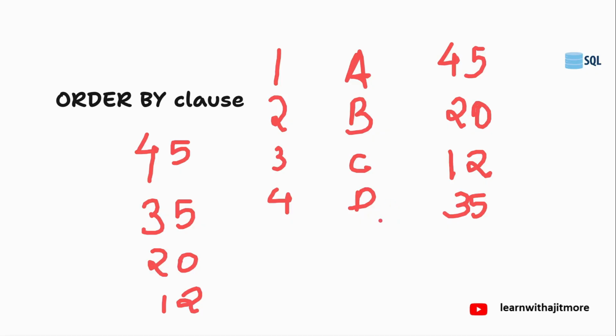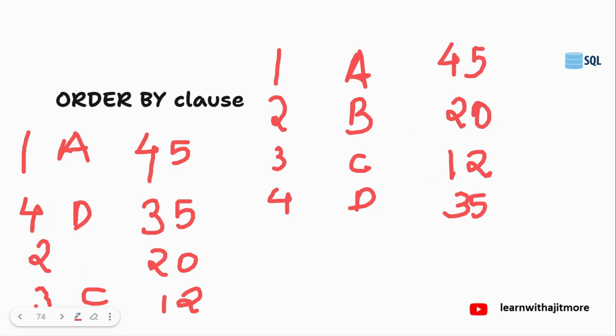So D's salary is 35, but it will get 12. This does not happen. When the salary is sorted, the other things are also rearranged. Here 1A will go, 4D will come here, 3C will come here, and 2B comes here.